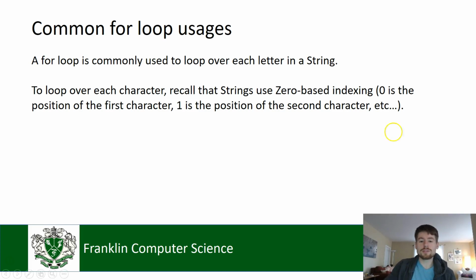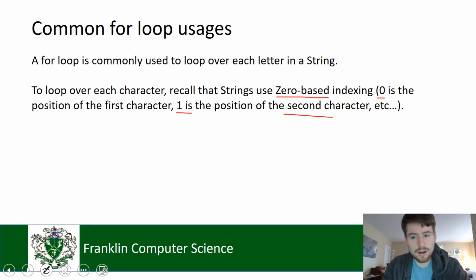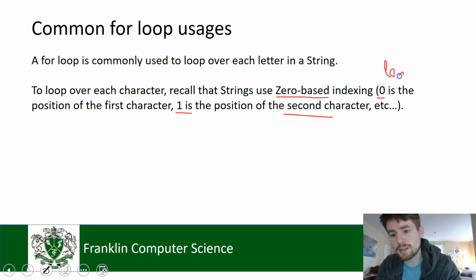So just remember, strings are 0 indexed, so that means that we start at 0 as the first letter, 1 is the second letter, and 2 would be the third, and so forth. And then the last letter is going to be at the position, what would it be? It'd be at length minus 1.